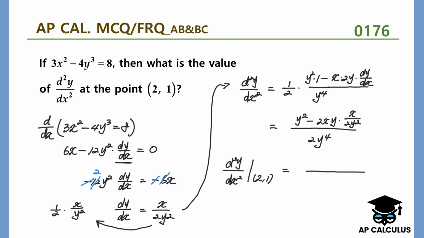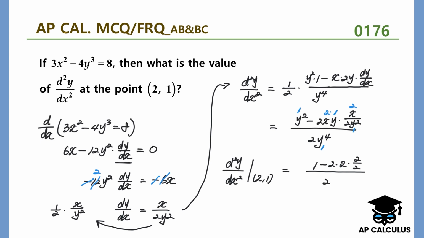here, I'm going to substitute 1 for y and 2 for x. So that's going to be 1 minus 2 times 2 times 1 times 2 over 2, that's a 2 over 2, right?